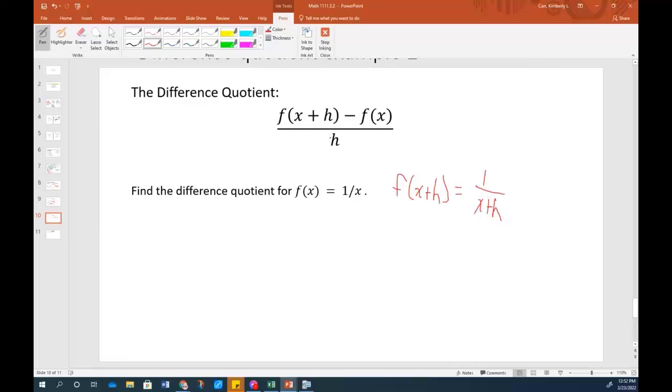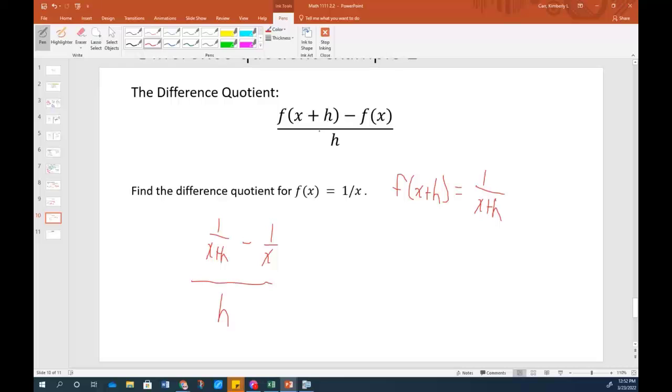So now I'm going to apply it. F of x plus h, 1 over x plus h, minus f of x, well, f of x was 1 over x, all divided by h. So that is just apply the formula, and again, now I need to do some cleanup.